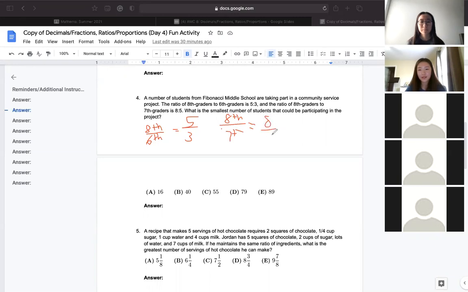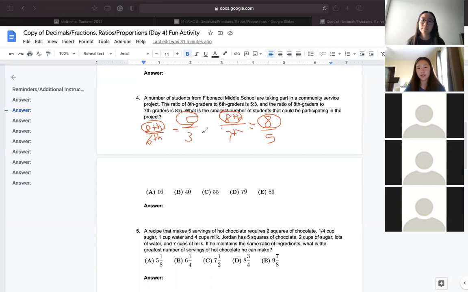So we can see that the grade that's in both of these ratios is 8th grade. So you can see it up here. And if we want to be able to compare all 3 of these grades with each other, then we would have to find the LCM of these two.